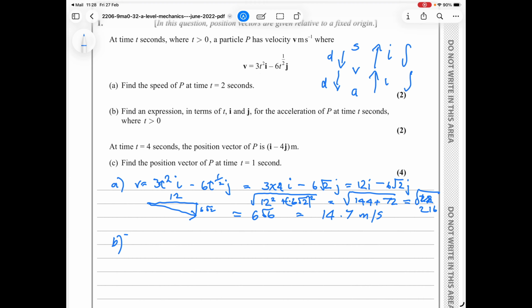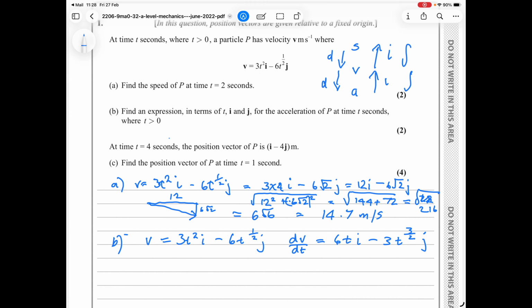Right. So we know that we've got v equals 3t squared i minus 6t to the half j. So we're going to do dv by dt equals 6t i minus, and then that would be 6 over 2, so that's 3t to the minus a half j.